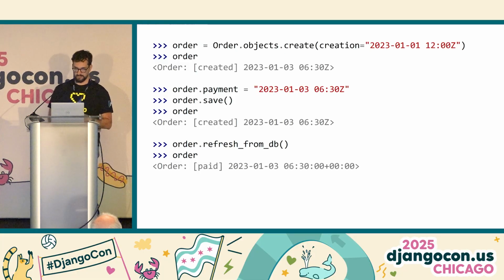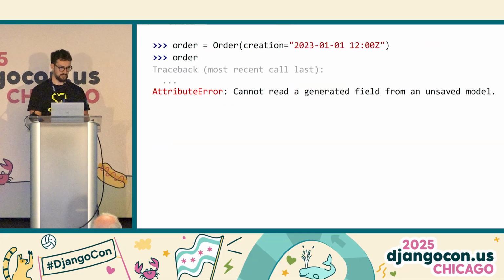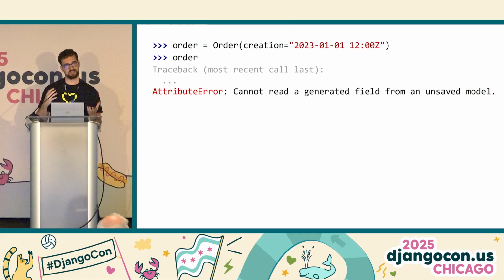So since we want to break things even harder, we can also generate some error here. For example, we decide we don't want to instantiate the order directly, but we only create it, and without saving it in the database, we try to access the representation.